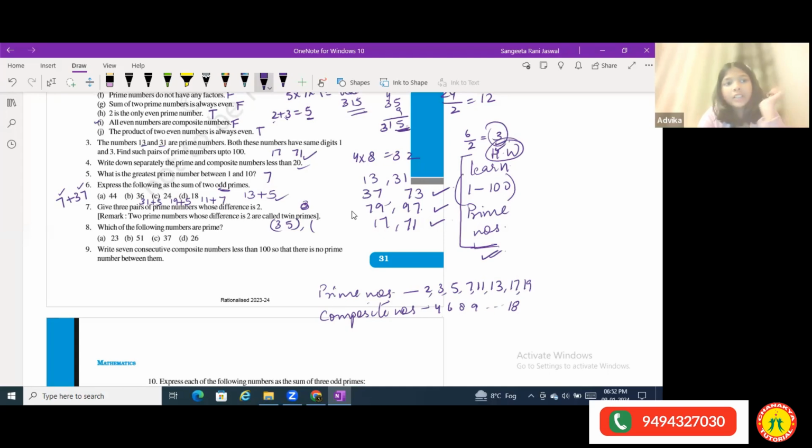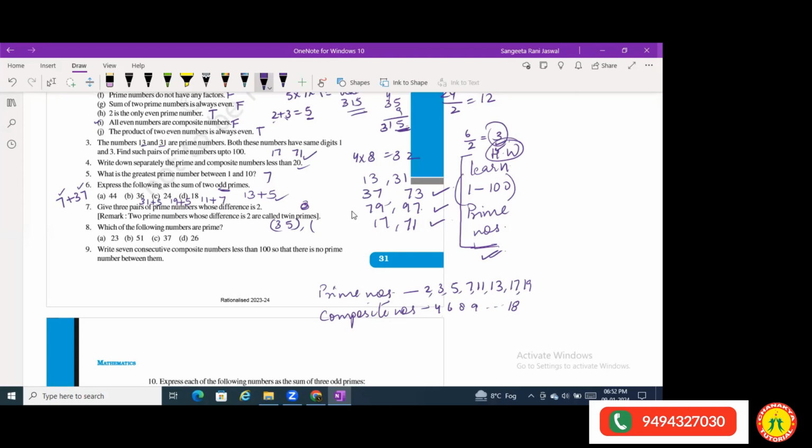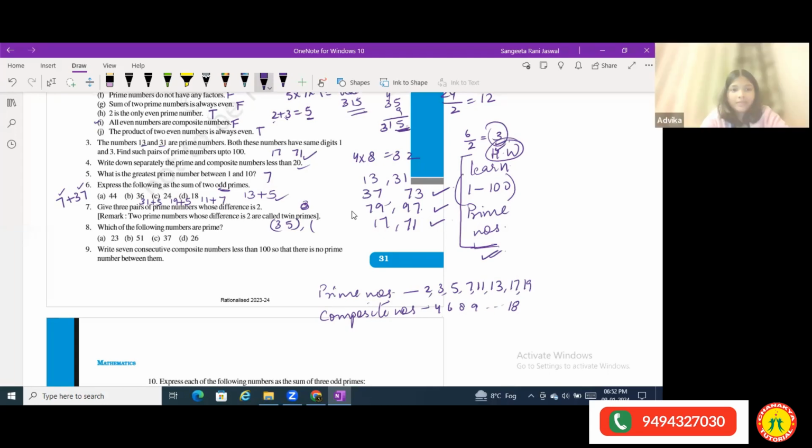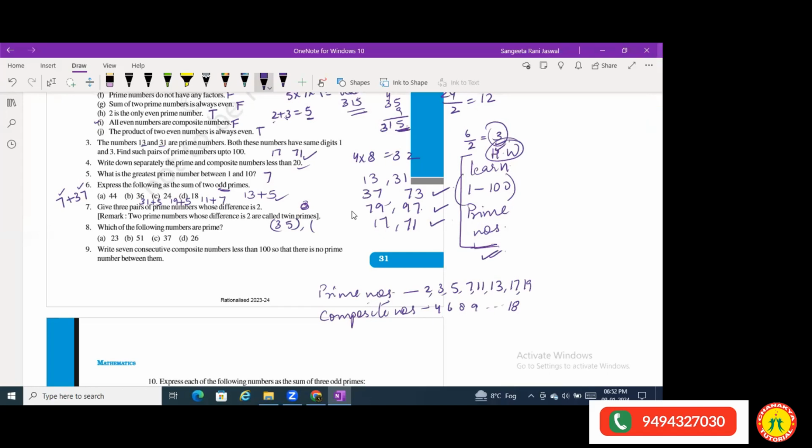Ma'am, 31 and 33. 33 is not prime, beta. It's divisible by 11 and 3. I can take 41 and 43.